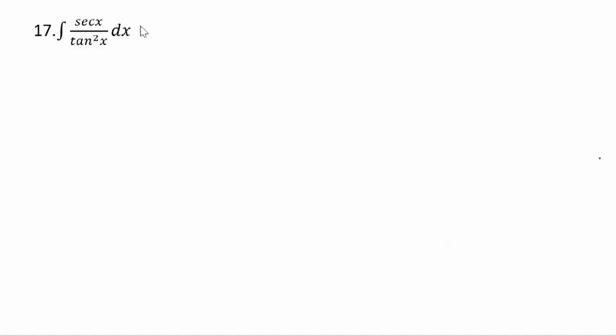So this is now equal to the integral of 1 over cosine of x all over, and there is the ratio identity of tangent, so we have sine x over cosine x, and we just write here the square, dx.